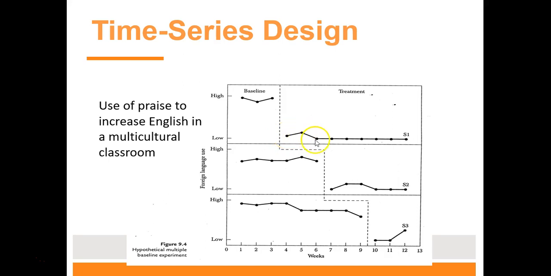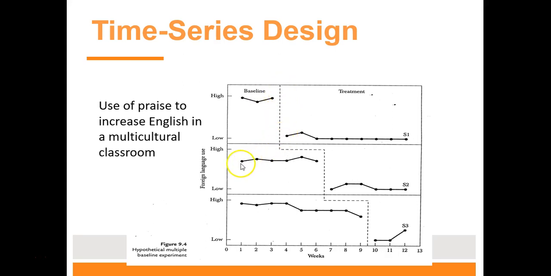And over the next measurements, we have this continued decrease. But perhaps that was just by chance, a coincidence. Maybe there was one of those internal validity threats we talked about, a history effect, something that happened that changed the foreign language use, and it really wasn't the intervention.